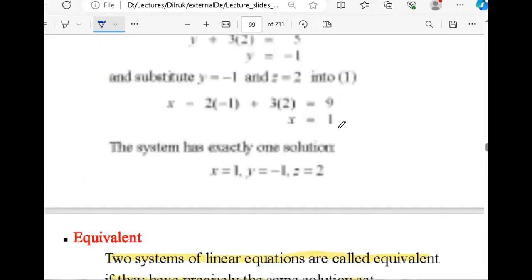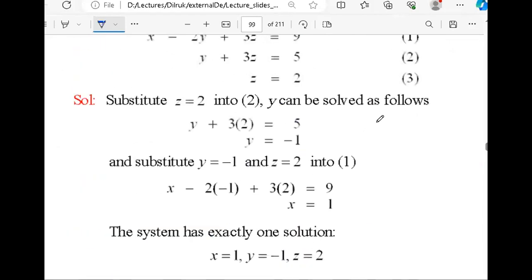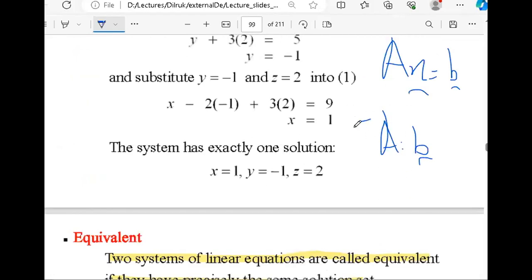So the summary: write the system in matrix form, right? Consider the augmented matrix. Reduce this matrix by performing row operations to echelon form, or at least reduced row echelon form.